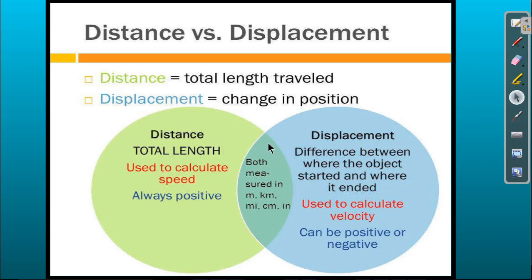But they are units of length and they are shared between the total distance and displacement. Displacement, on the other hand, is a vector. Okay, so it has a quantity associated with it, but it also will have a positive or a negative associated with it that indicates a position. And you'll see in a minute how this works. And it's used to calculate velocity. So it can be positive or negative, and is for velocity.